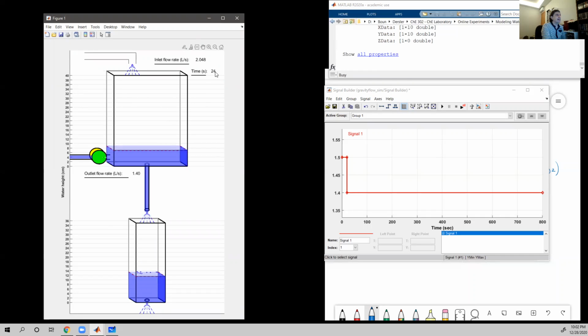Now, starting at time equals 20 seconds, we drop the outlet level to 1.40. Therefore, we are going to see an increase in water level. Let's see whether anything is going to differ or not. This is the idea. Let's wait for a couple of seconds.